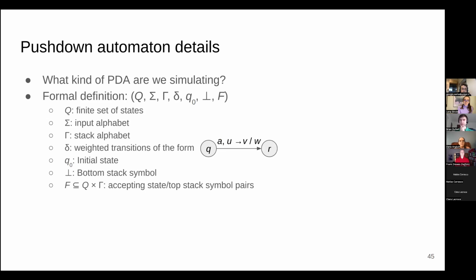And for the purposes of this talk, to determine acceptance of a string, we'll define a set of pairs of states and top stack symbols. This more closely resembles the way an RNN could decide to accept or reject a string, since it could observe both the state and the stack symbol. Not too important, but it just makes it a little cleaner.